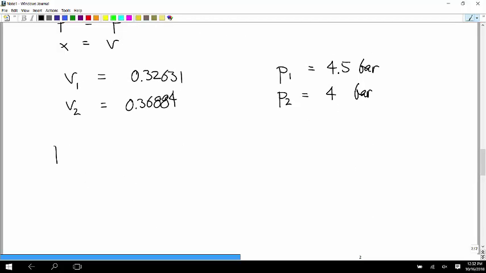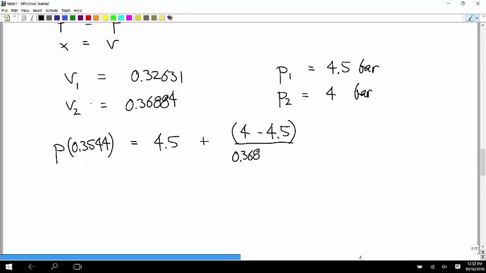And so we have that the pressure at a volume of 0.3544 is equal to P1 plus the quantity P2 minus P1 divided by 0.36884 minus 0.32631 times the specific volume that we want to evaluate this at, that's 0.3544, minus V1, which is 0.32631.